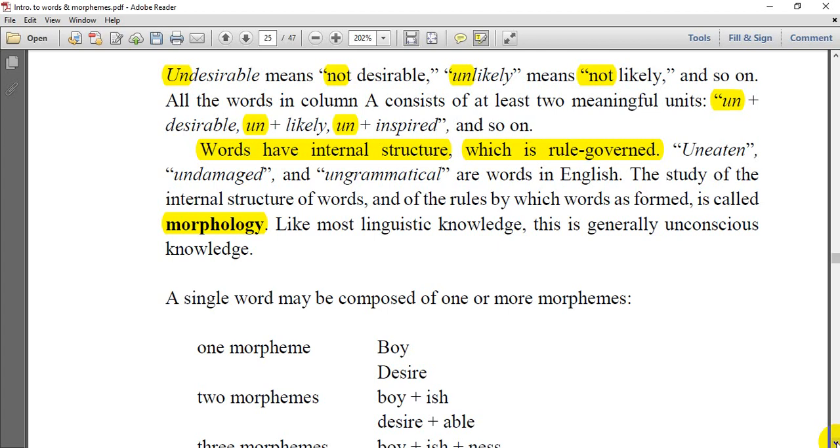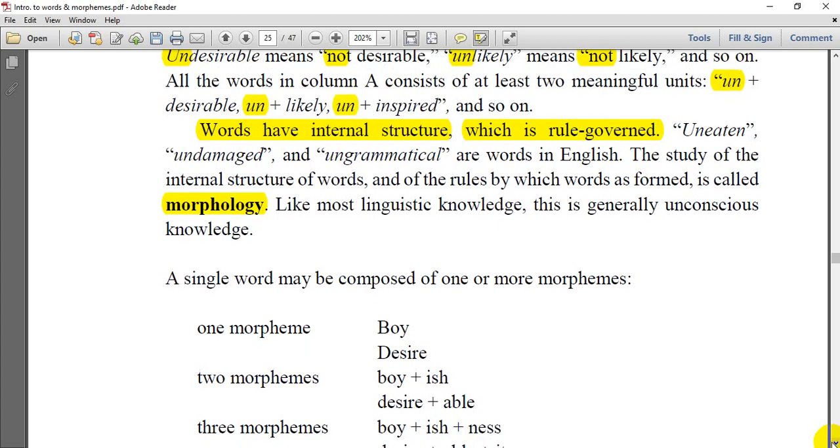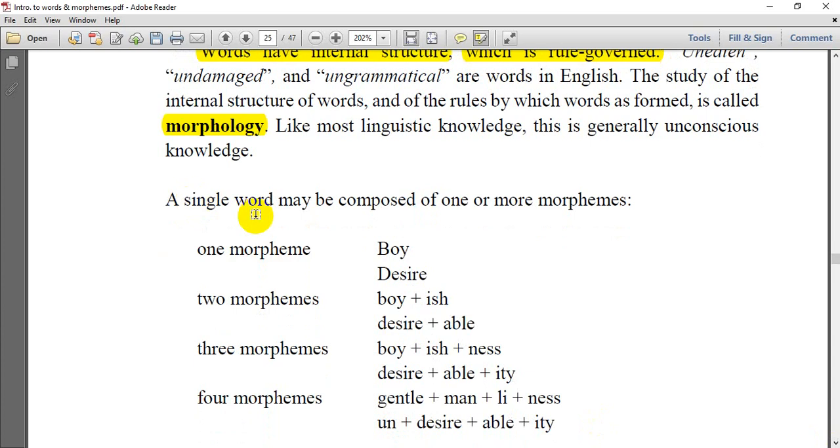For example, the English word unfavorable can be analyzed as un plus favorable. A single word may be composed of one or more morphemes. We have examples about that here. One morpheme: boy, desire. These words are composed of one morpheme.